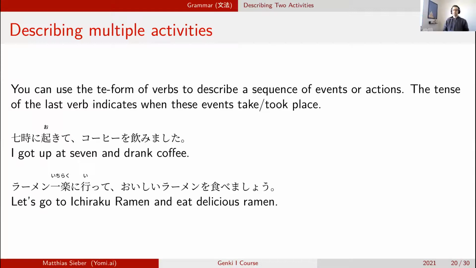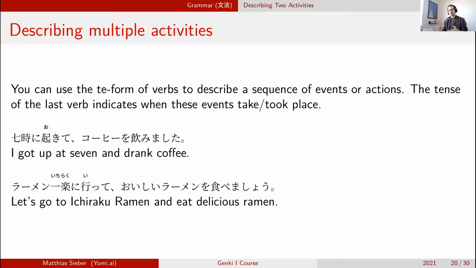Ittekimasu is another instance, like I go and come back, because we know itte is the te form of iku, to go, and kimasu is the masu form of kuru, to come. So I go away and then I come back, right? That's the whole point of using iku and kuru to indicate position in relation to a speaker and listener.